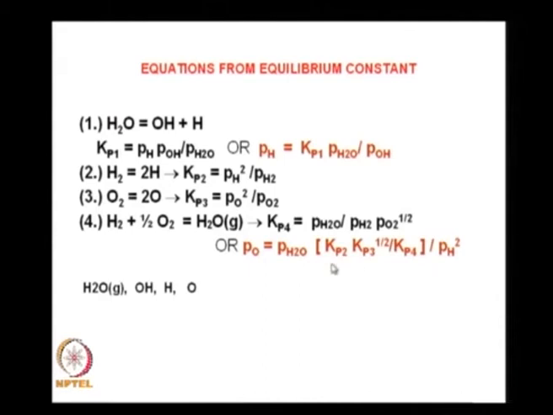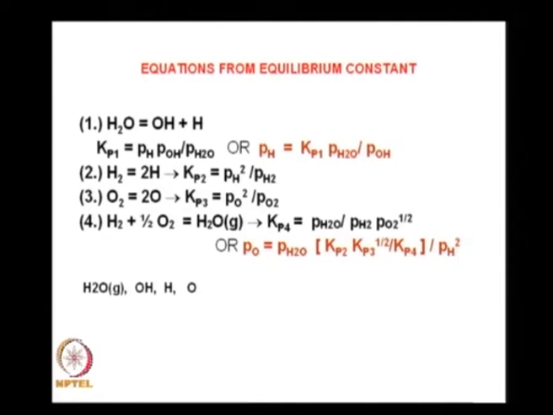I substitute it and I get PO. I bring PO to the left side, I get partial pressure of oxygen is equal to partial pressure of steam into Kp2, Kp3 to the power half divided by Kp4 divided by pH squared.